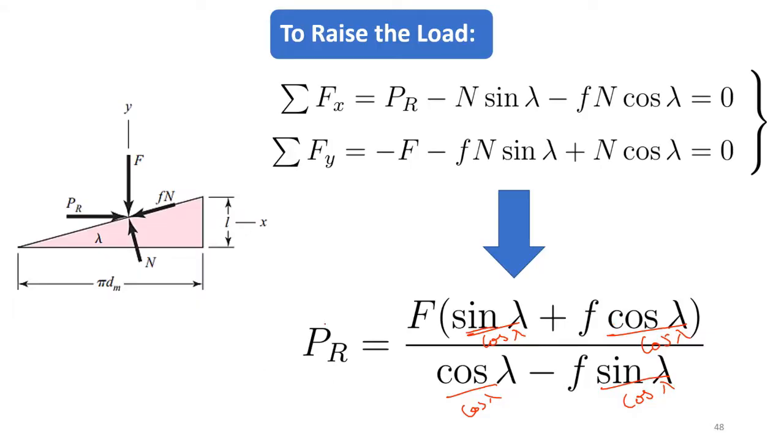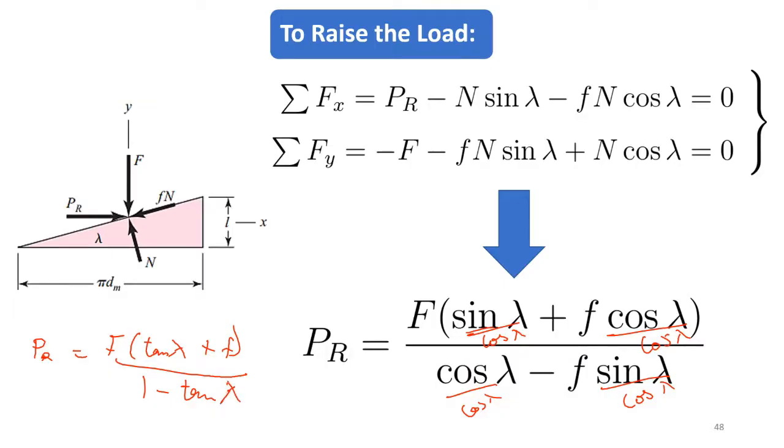When we do that, we are going to see that we will have the force PR equal to F in bracket, tan lambda, because sine lambda over cos lambda is tan lambda, plus the friction coefficient divided by 1 minus the friction coefficient times tan lambda.